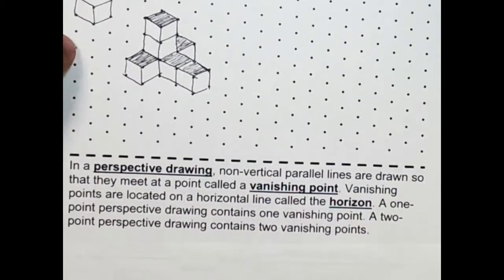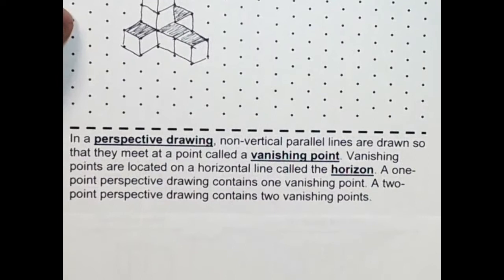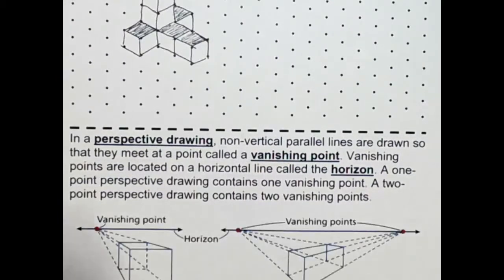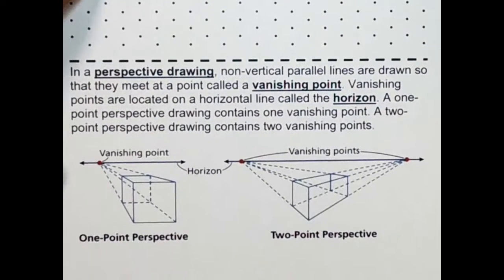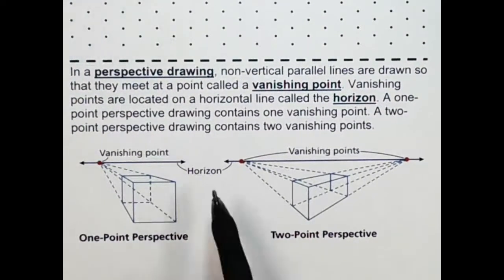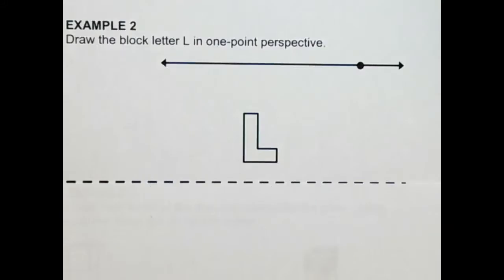The other thing we want to look at is what's called perspective drawing, and that's using this vanishing point here. This is what people use when they want to make something look 3 dimensional. We're going to practice on this particular example using 1-point perspective.